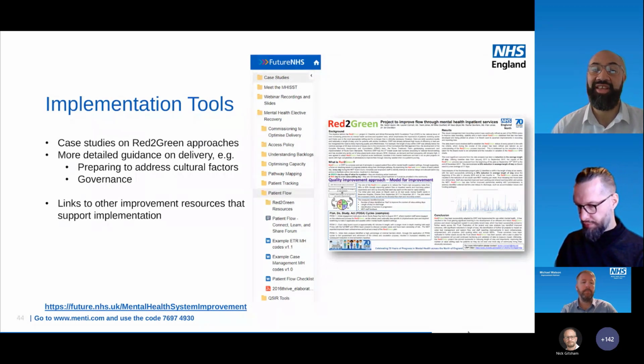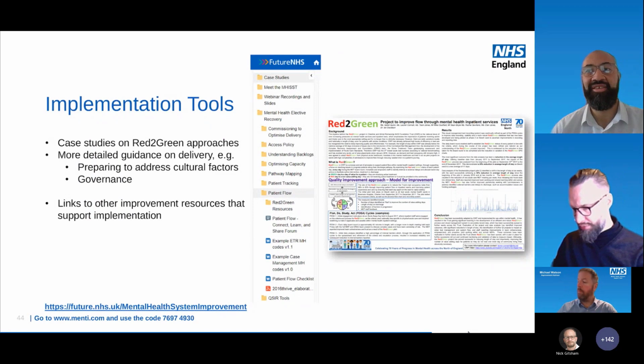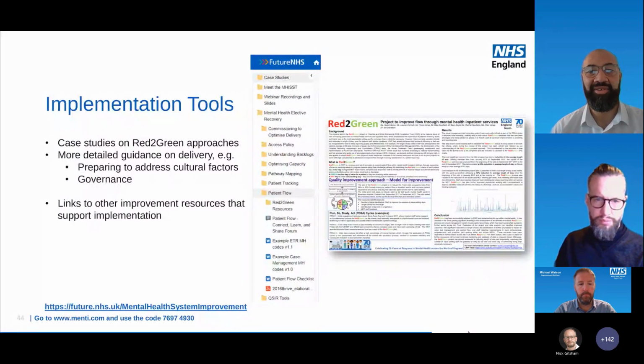And we also have links there to the improvement resources, which are mainly around the QSTA programme, and that covers things like manager variation, PDSA cycles, Pareto, and I have posted in the Q&A a link to the QSTA page for NHS England, so you can access that.